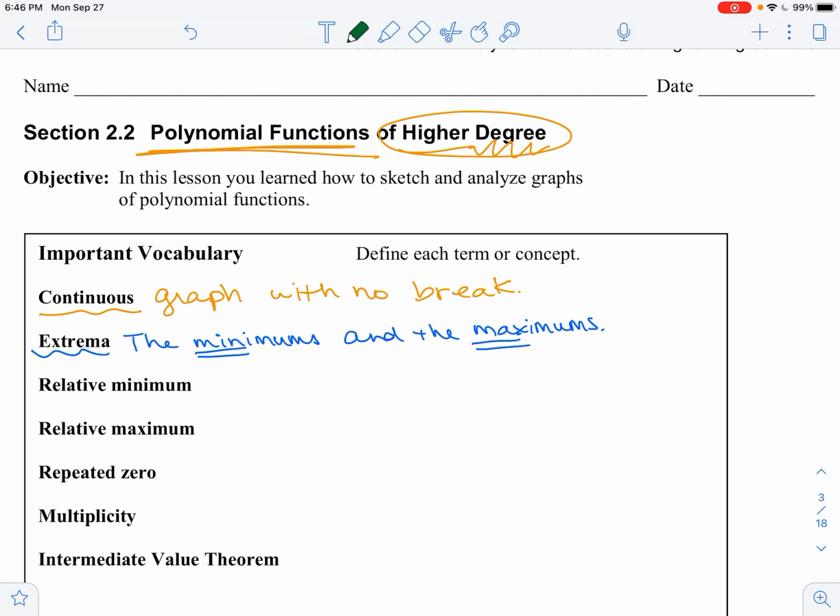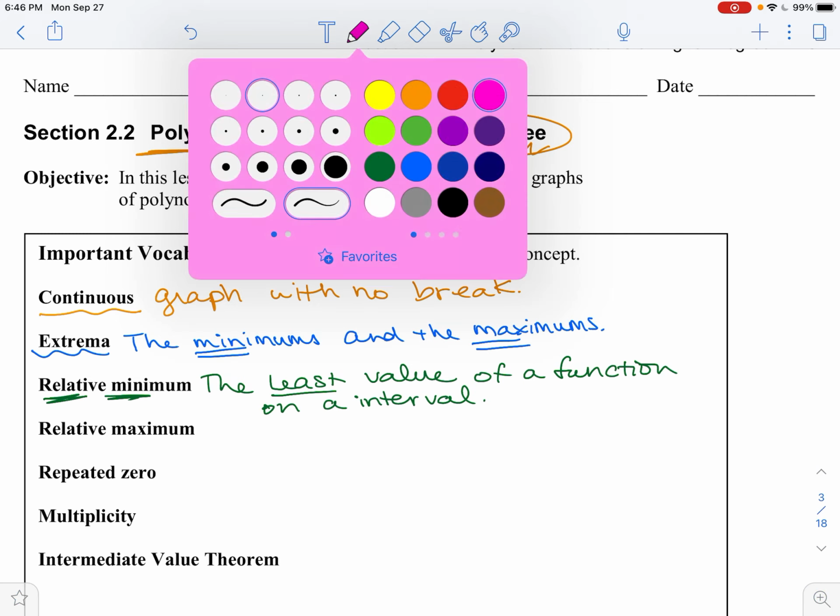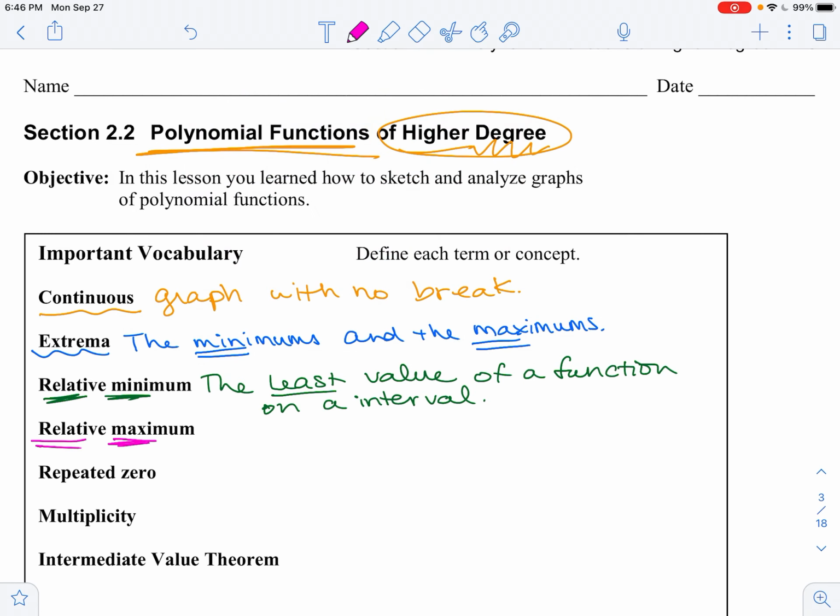A relative minimum is the least value of a function on a specific interval. The relative maximum is the greatest value of a function on an interval.